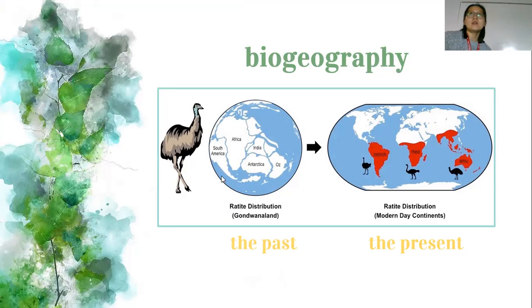For example, the descendants of the emu, the ostrich, and the cassowary now look really different from each other, but they're overall large birds that are really good at running and have high running speeds and have giant legs and giant statures, unlike all of the other kinds of birds that we really know about. And they're spread across all the southern continents. So that shows us where they were probably close together in Pangea.